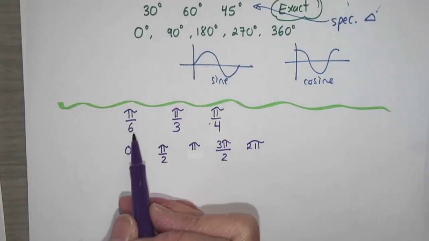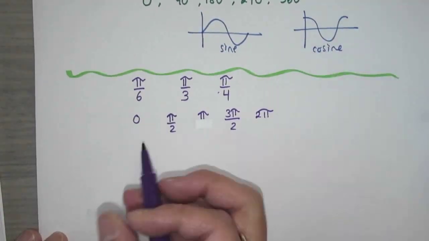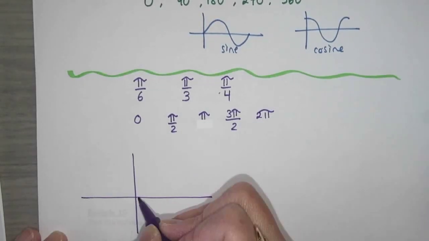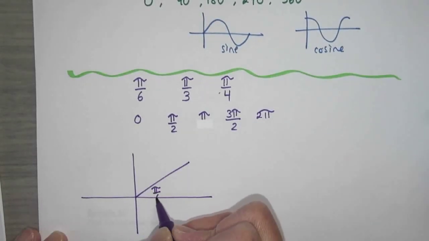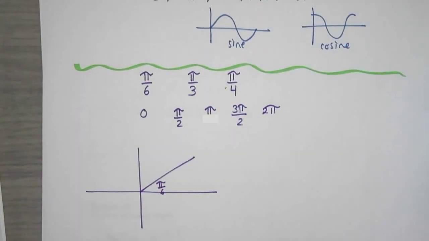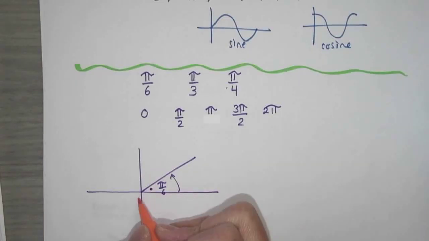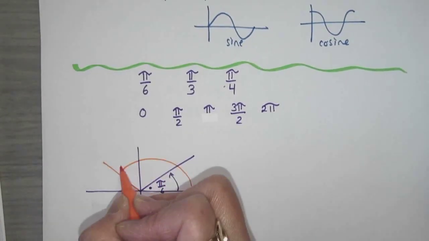Now, this can also be combined with any combination of the pi over 6. So when we have our pi over 6, we know that that is in our first quadrant. But also that pi over 6 can be flipped over to the next quadrants. If I'm going to flip it over here, what would the angle be over here?